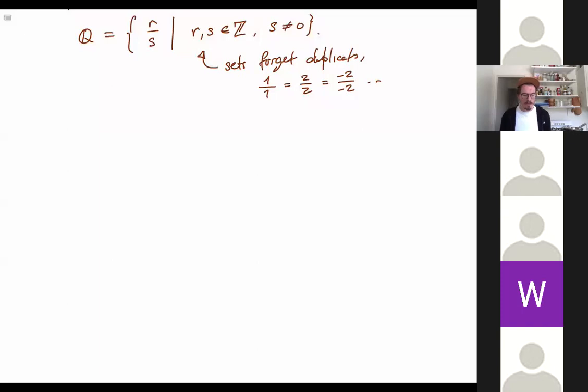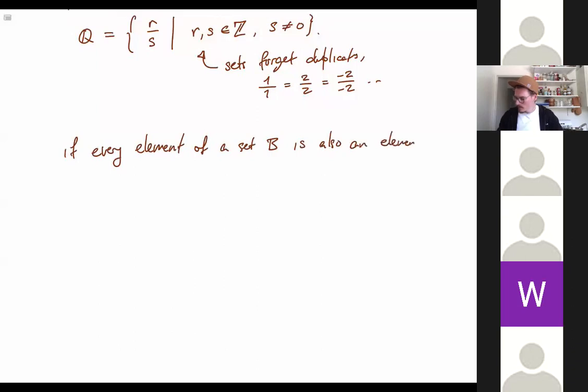So now I want to introduce the notion of a subset. If we have two sets called A and B, and every element of B is also an element of A, then B is a subset of A. So B is a set itself, and it is subordinate to A somehow.